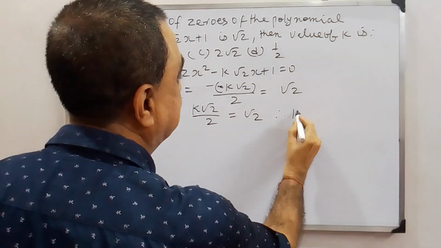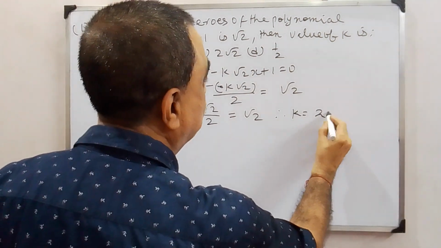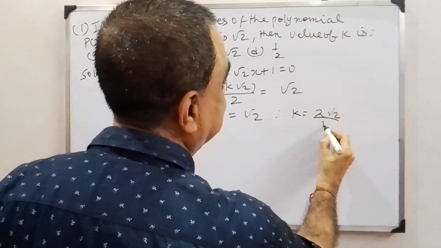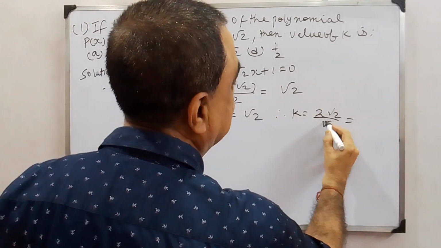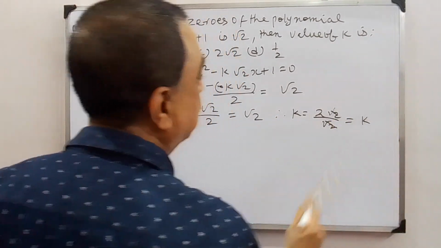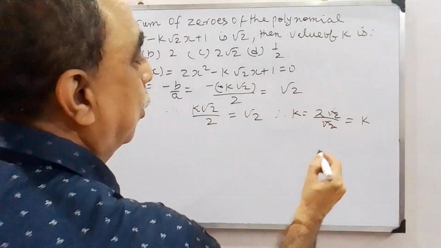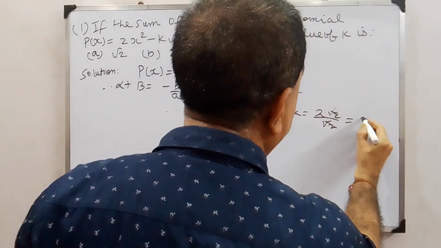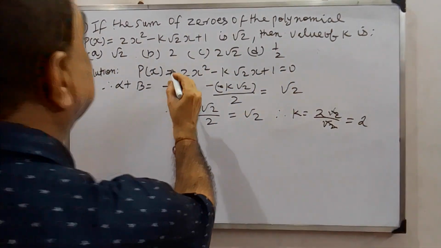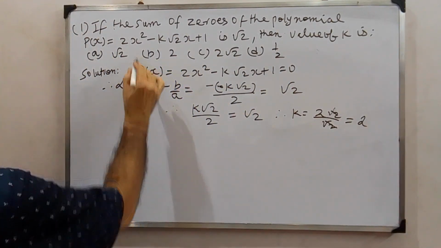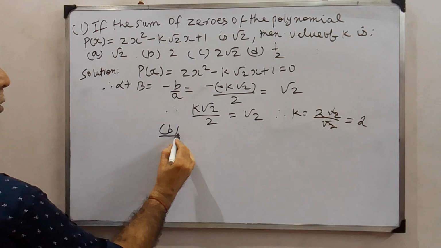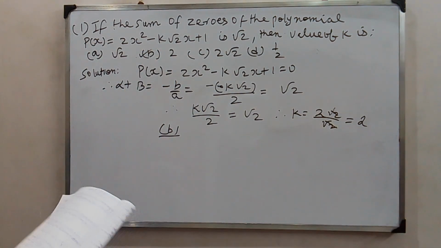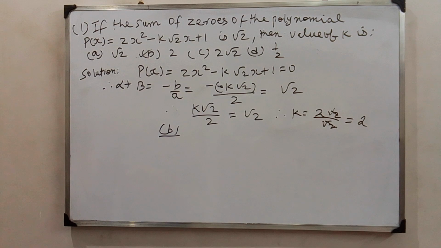So k equals 2 root 2 divided by root 2, where root 2 cancels out. So the k value becomes 2. Which is the correct choice? Answer B. So this is the correct choice. I hope that you must have understood the first one.